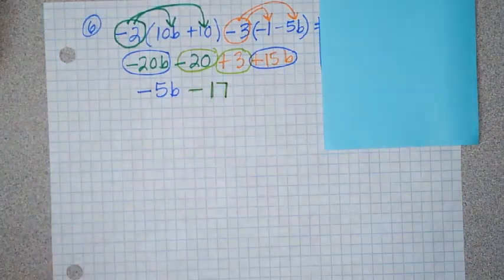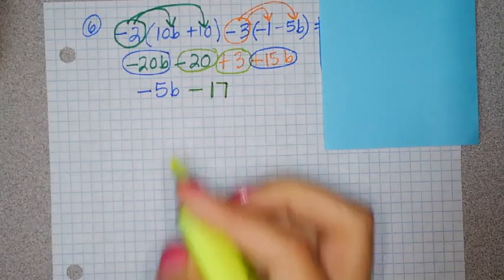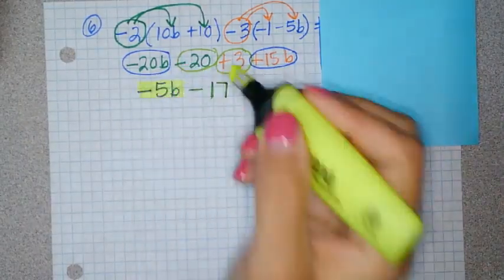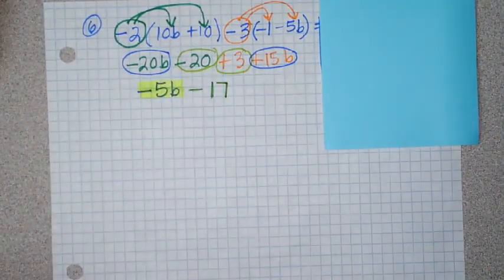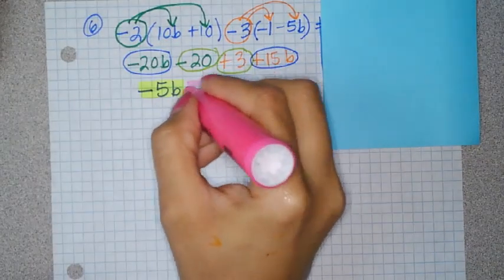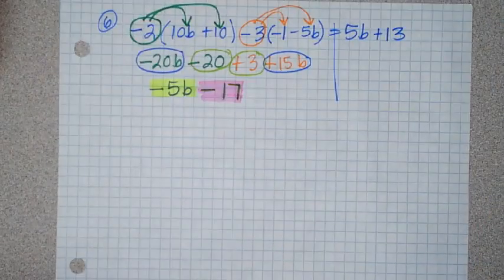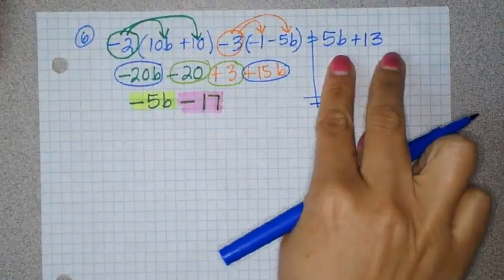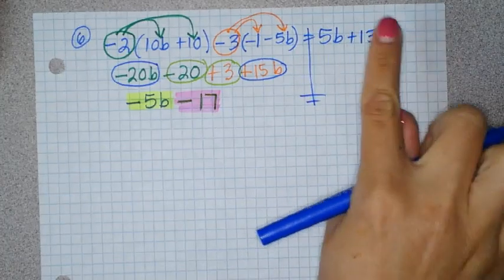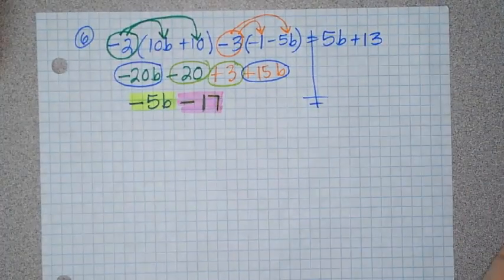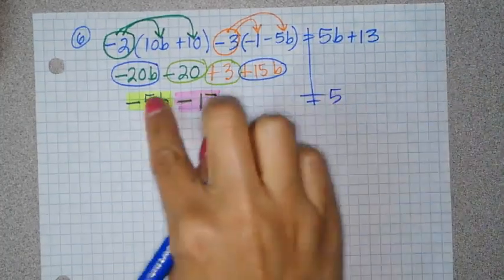From here, I finally have a variable term, which is negative 5b, and a constant term, which is negative 17, okay? Now I can look at the other side. The other side, I'm super lucky. Look at that. I have a variable term only and a constant term. So it's already simplified. I'm going to just bring it down so they're in the same line.